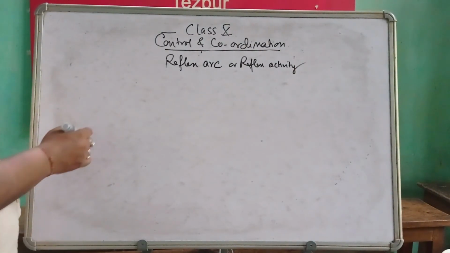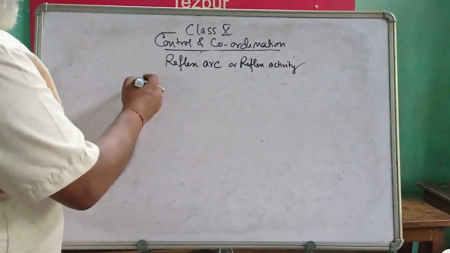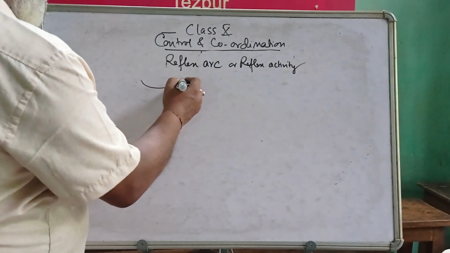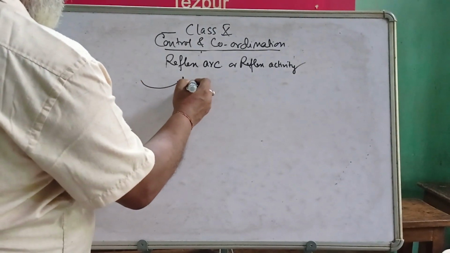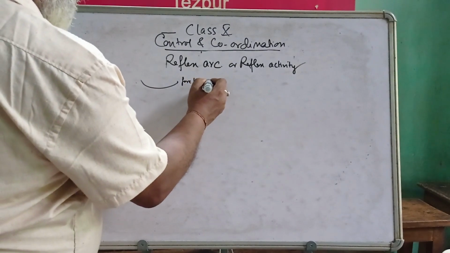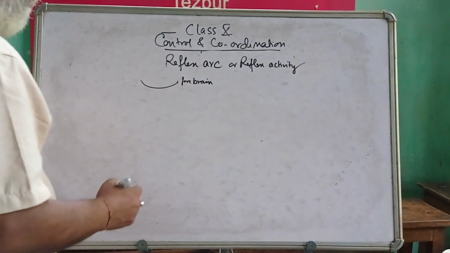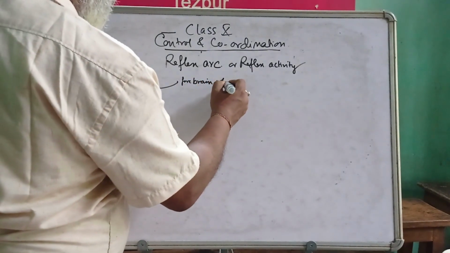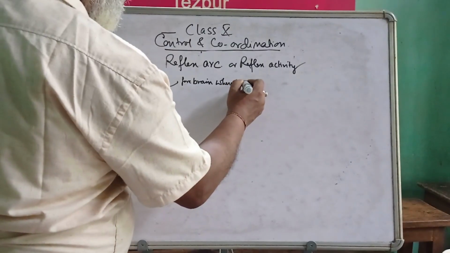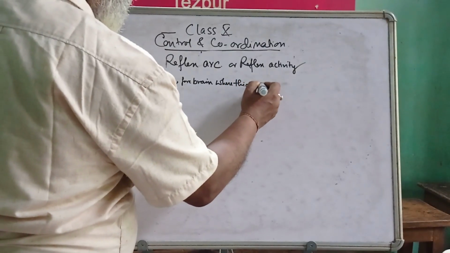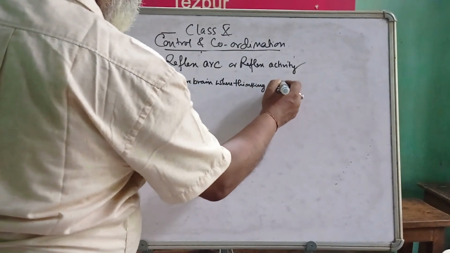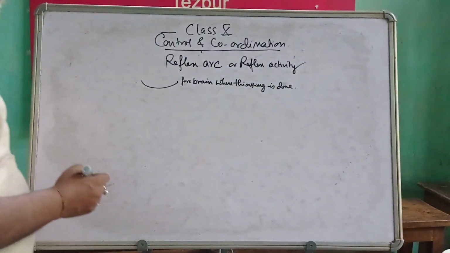The message by the nerve cells will reach the brain, that is your forebrain, where thinking is done.